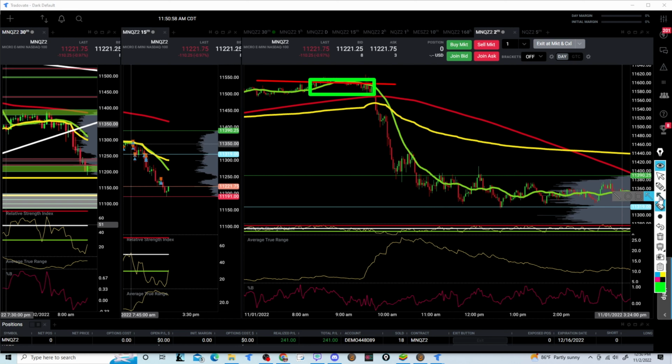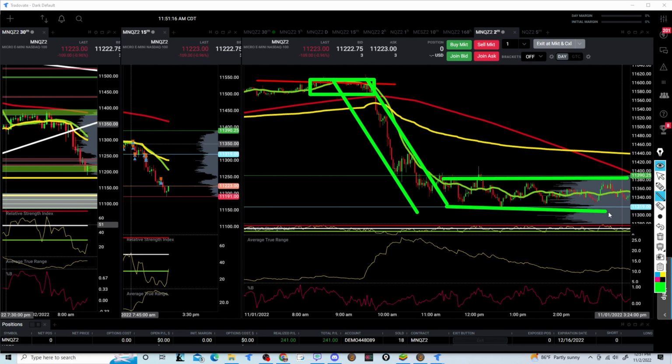When the 20 is going flat, you are no longer trading that strategy. You are trading the range strategy. Remember, the market will only do two things: it will range and it will channel. That's it. It's not that hard to figure out.